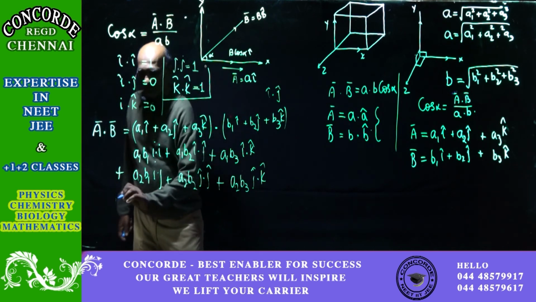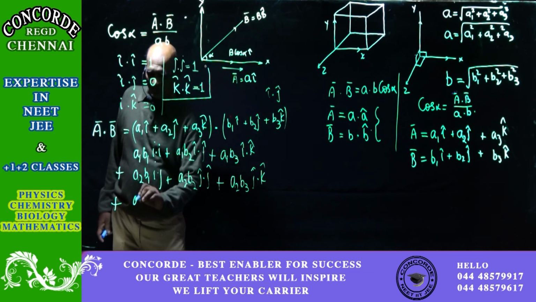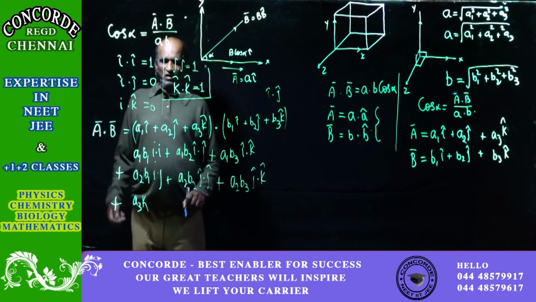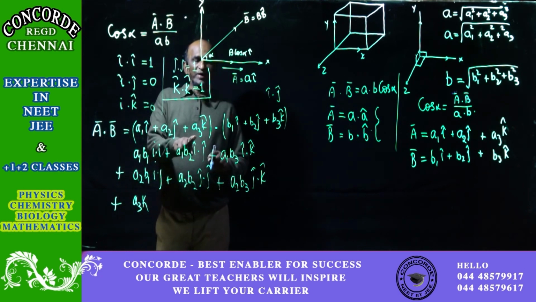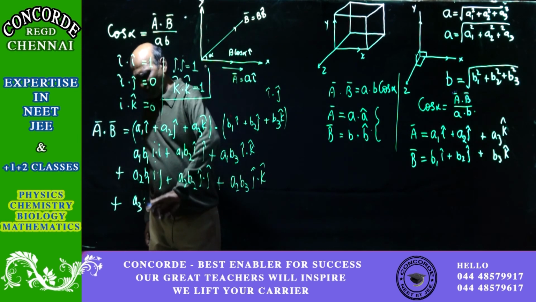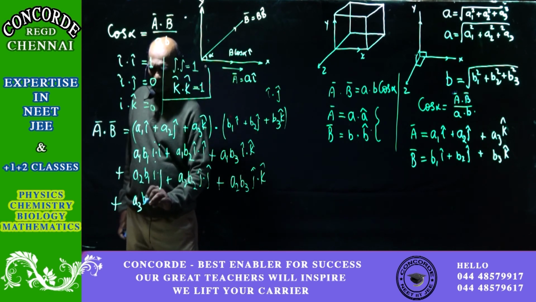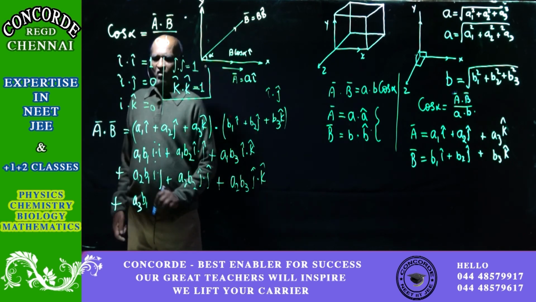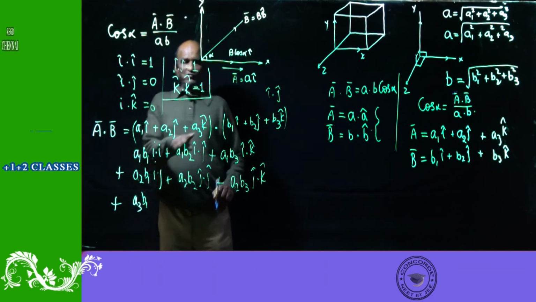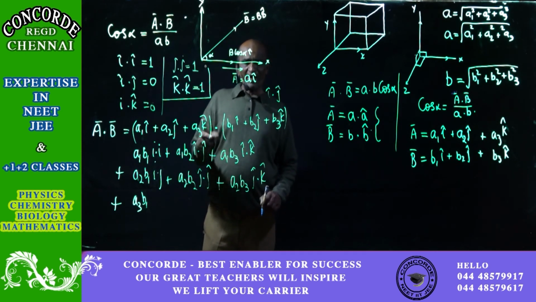So for the third term we have plus A3K multiply with B1I, A3 B1 K dot I or I dot K, anything.